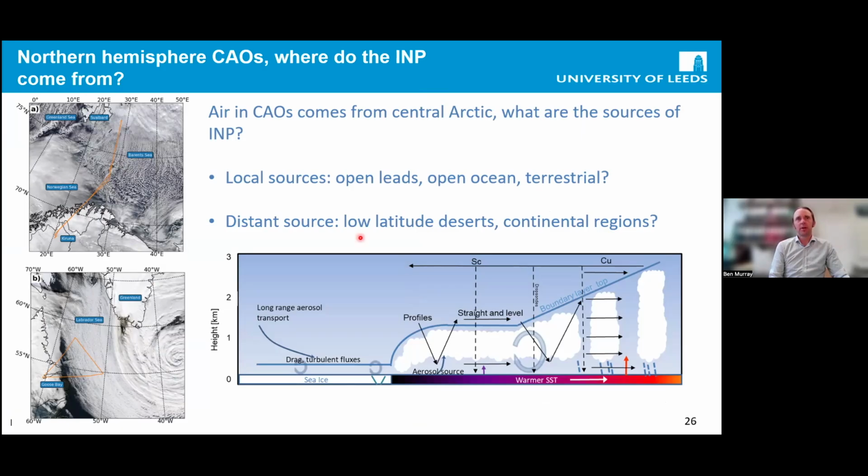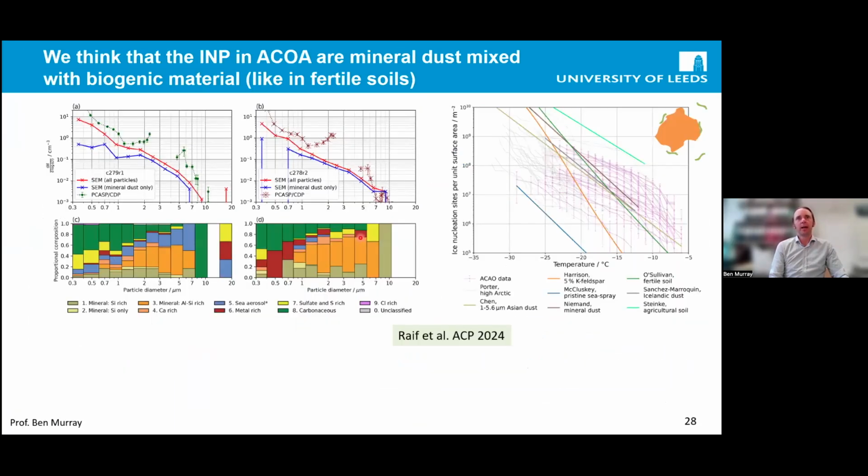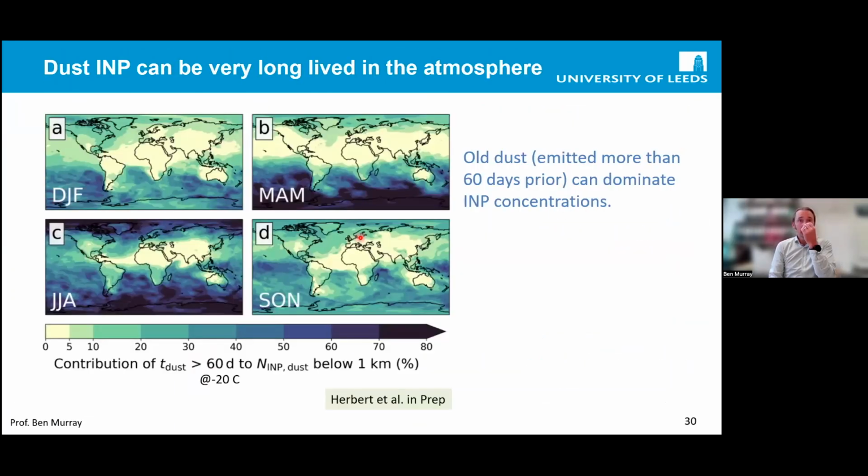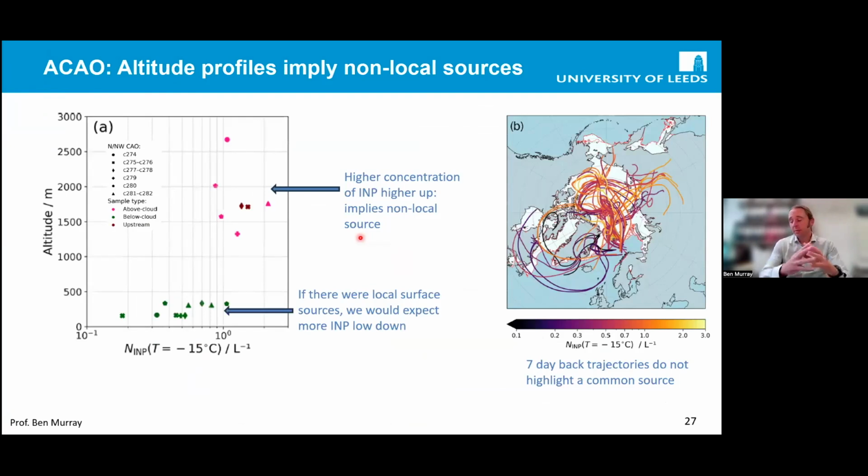I'm just going to skip on and say that our conclusion is that the IMP, certainly in the northern hemisphere, Arctic, in ACAO, are not from local sources. So we think that the IMP are from an old aerosol that was emitted potentially months earlier from low latitude sources and is mixed down and entrained into these colder outbreaks.